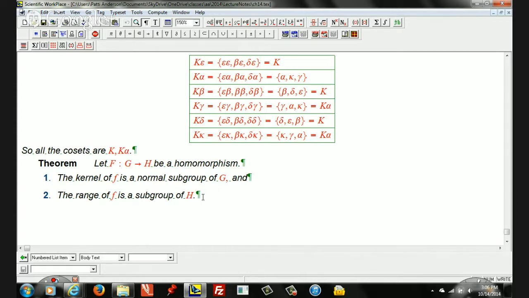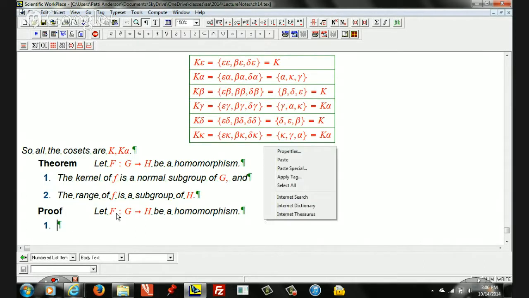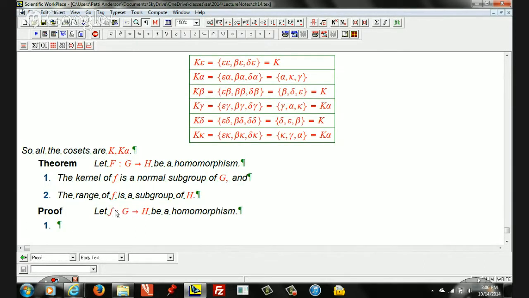This one is proved in the book too, so let's just outline the proof. F takes G to H as a homomorphism. And how do they prove the first one?